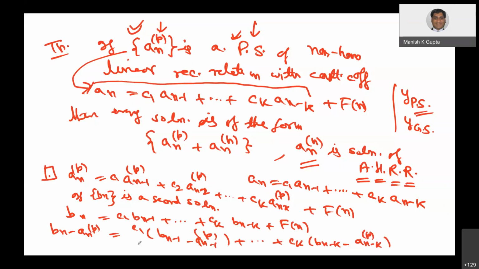So b_n is a second solution, a_n^(p) is a particular solution. That means b_n minus a_n^(p) is a solution of this homogeneous equation, right?